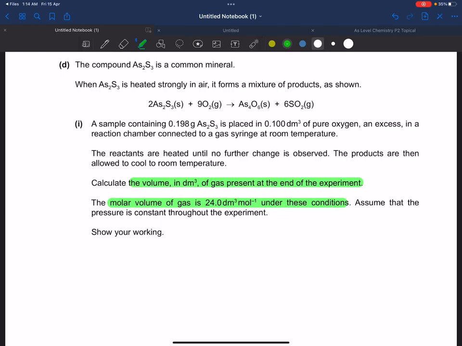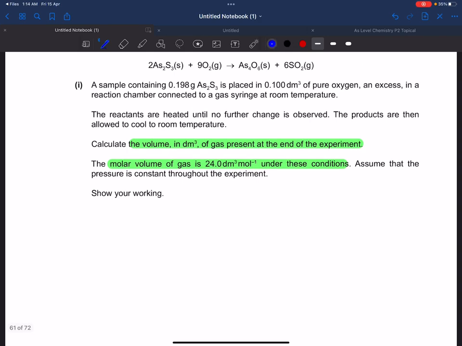First of all, we're given the mass of the As2S3, so we'll find the moles for As2S3. Moles is equal to mass over Mr. Mass is given as 0.198, and you can find the Mr from the periodic table.